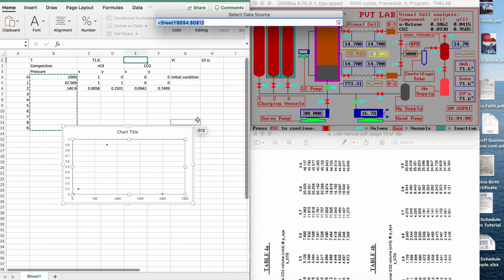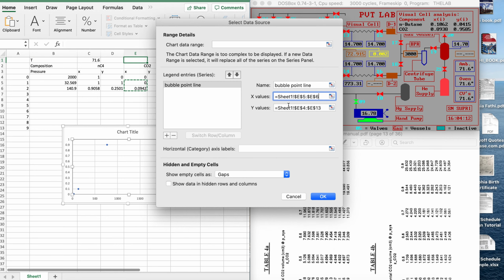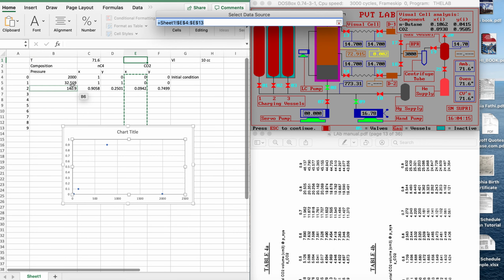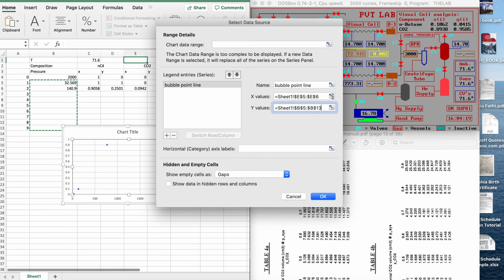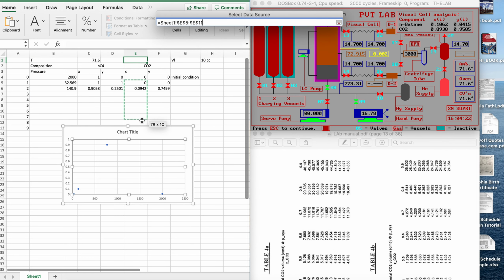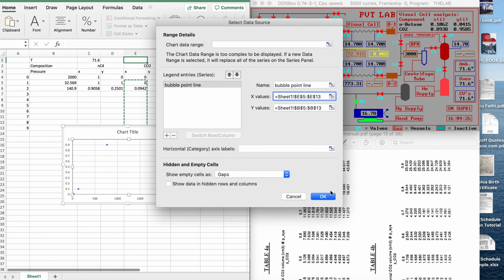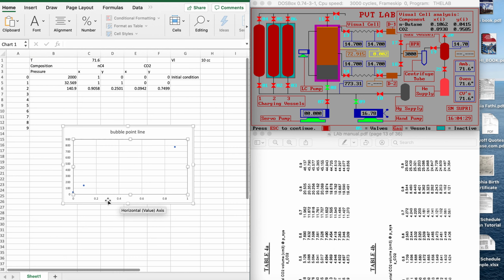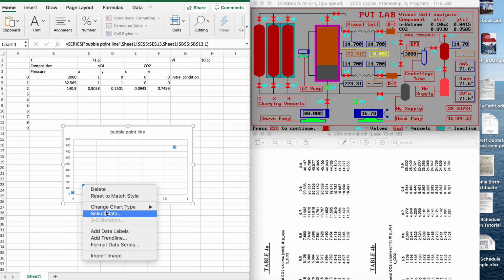The X values is the composition of the CO2, and Y value is my pressure. Okay, so I got my points, and I can connect these.